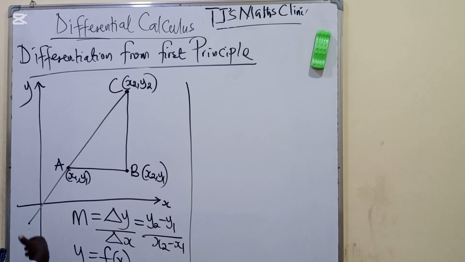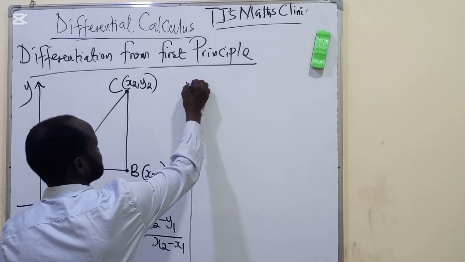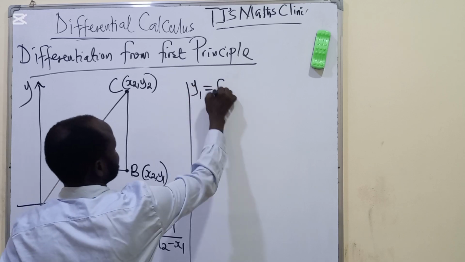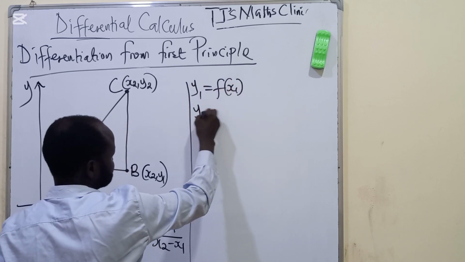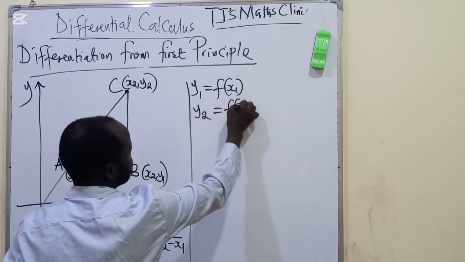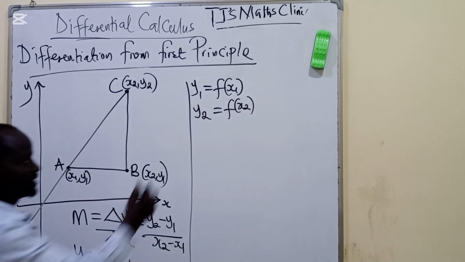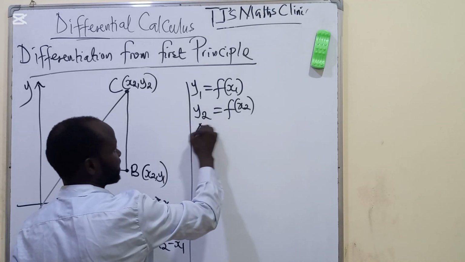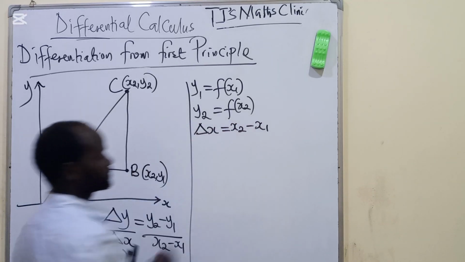Then we can deduce that y1 will be equal to f of x1, then y2 will be equal to f of x2. Very important. And again, we know that change in x is nothing but x2 minus x1.